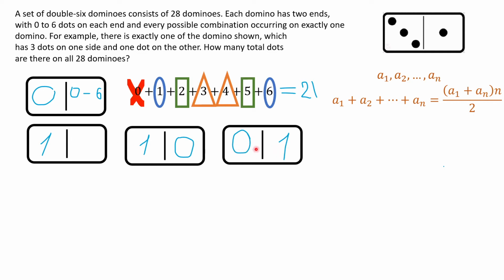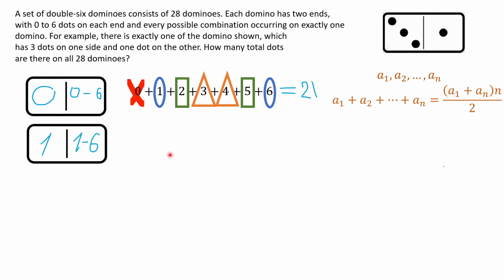It's just flipped. And we were told in the problem that there's only one domino like this. And we already counted this domino when we counted the dominoes that have 0 on the left side. So if we want to avoid double counting, we have to skip 1, 0.